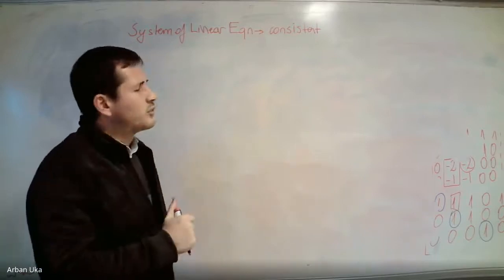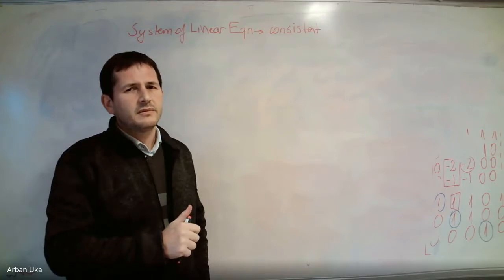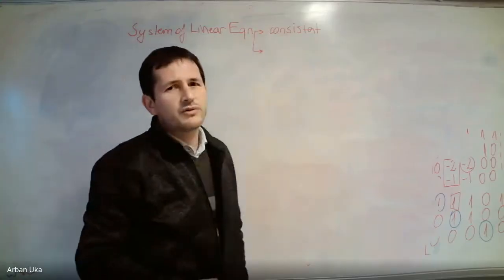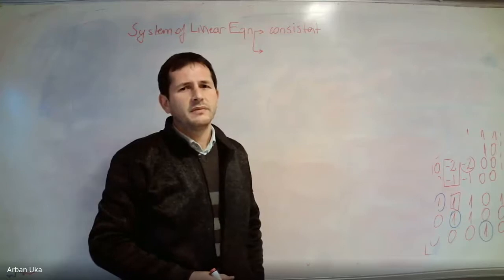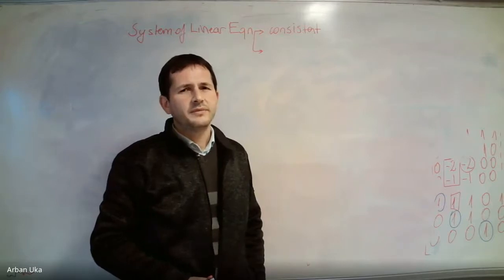So the equation that we just saw, how many solutions did it have? Just a plane. But what is the number of solutions? How many points are there in a plane? Infinite.